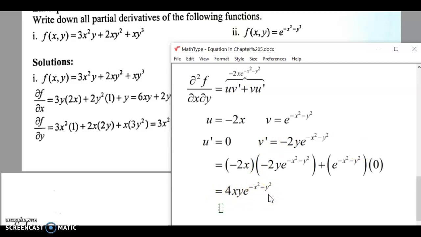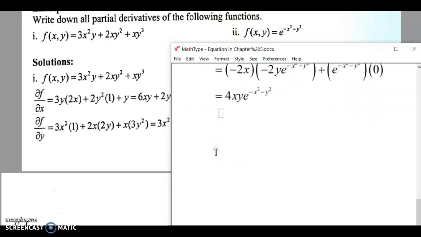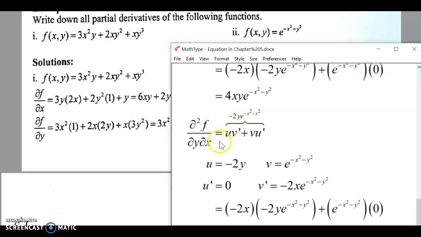And lastly, we also have the mixed partial derivative, that is actually y to yx. Right? For this one, we start from x and then y, right?